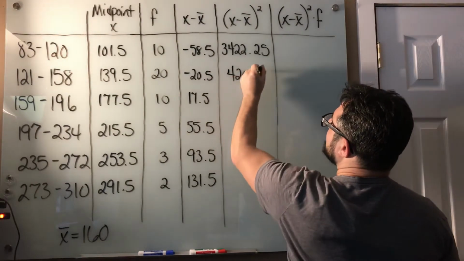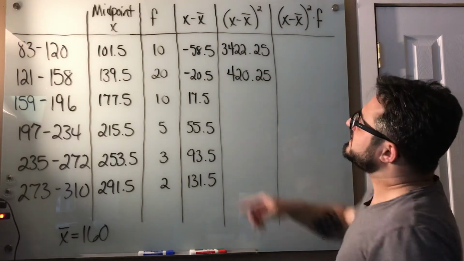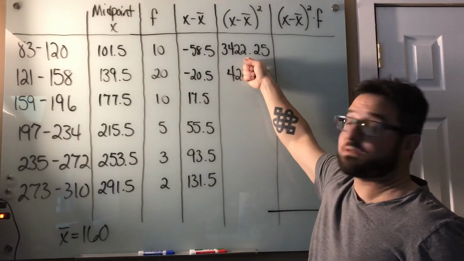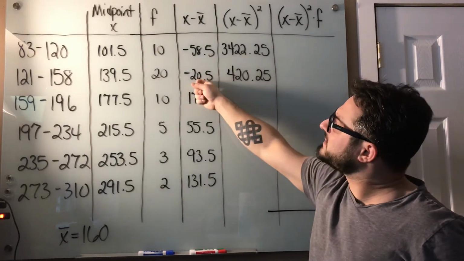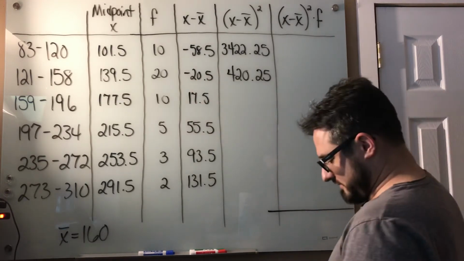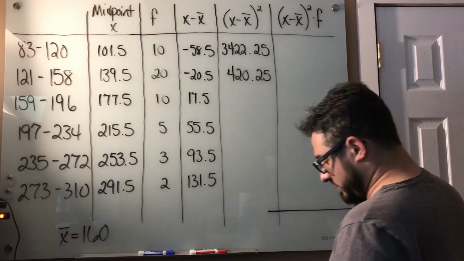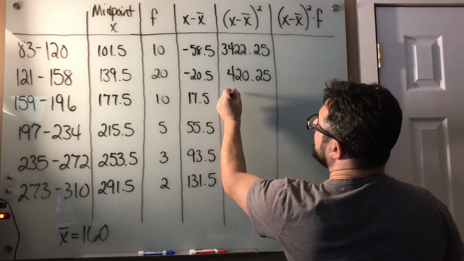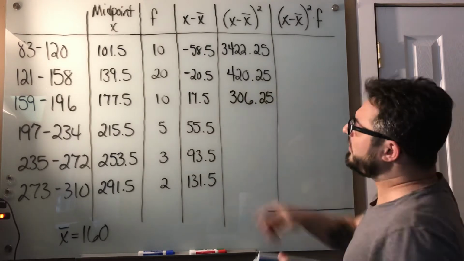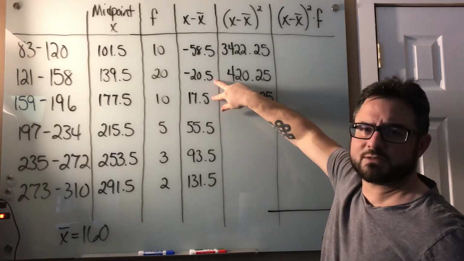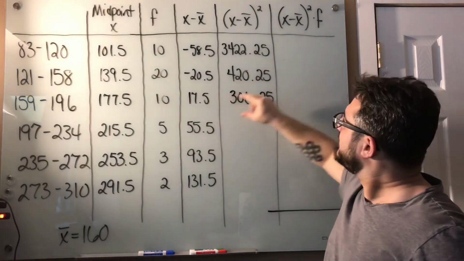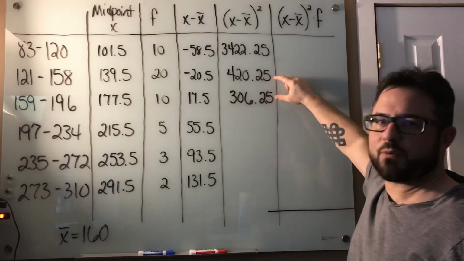So we can see that here. Something that is almost 60 away from the mean is weighing in very heavily, whereas something that's only 20 away from the mean, not as much. And of course, even though this number is on the other side, it is almost the same distance, just on the other side of the mean, 20 below it and almost 20 above it, so they have a comparable weight.